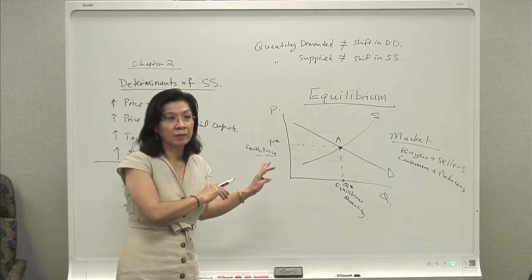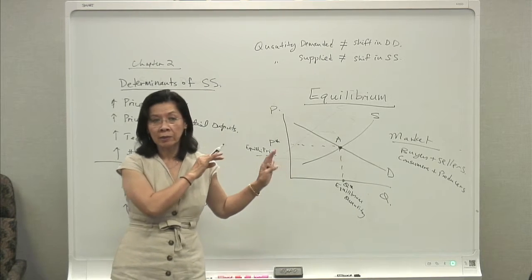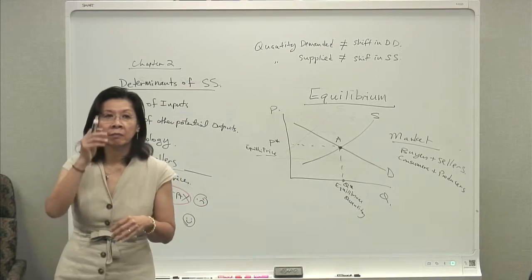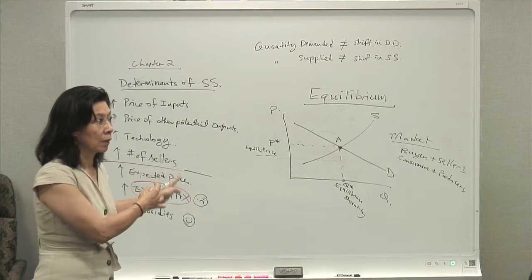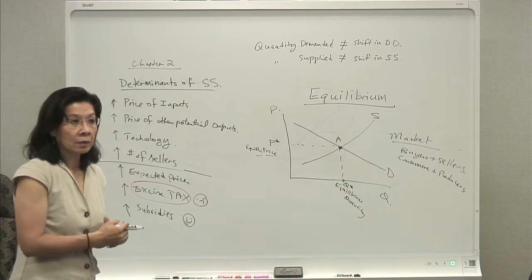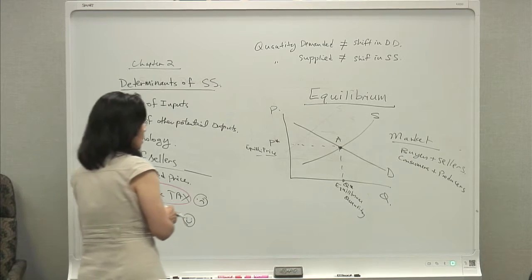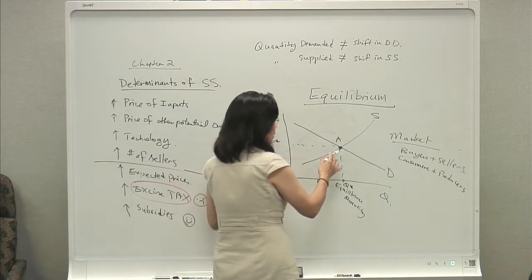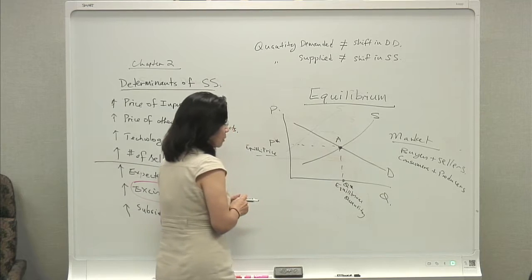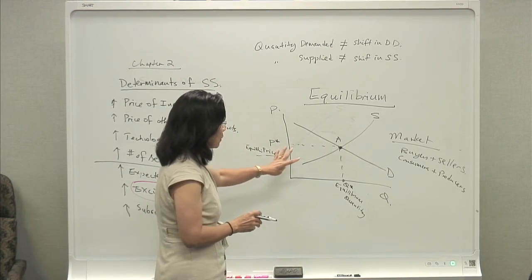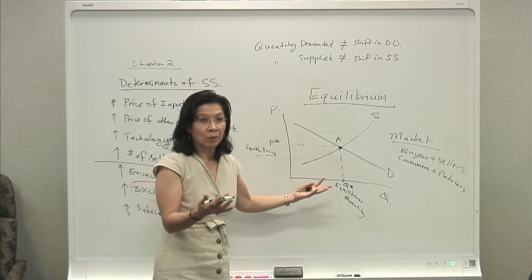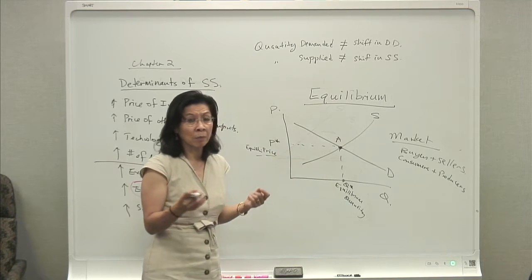I'm always presenting it from one side only. Here's the demand side from the perspective of buyers or consumers, and then here's the supply side from the viewpoint of producers or sellers. So now I'm putting everything together. I say here's the market. The market is something that, well, we all know what the market is. Market consists of buyers and sellers.